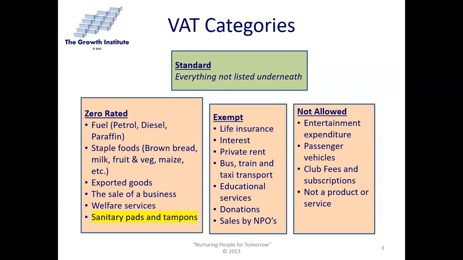You won't be allowed to claim back the VAT on your gym membership. But if it is a membership that is required for you to do business, you are a doctor and you need to register with some oversight body, then of course you will be able to claim that VAT back from SARS.